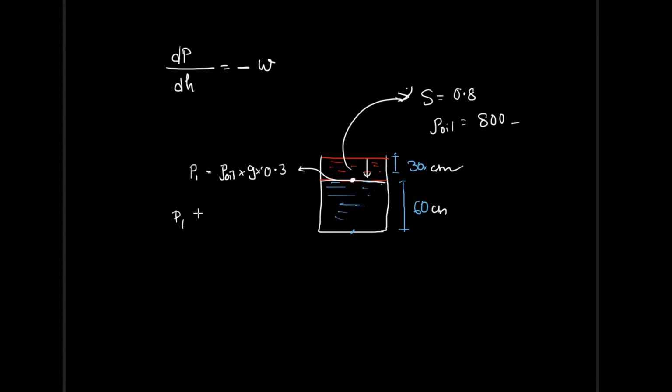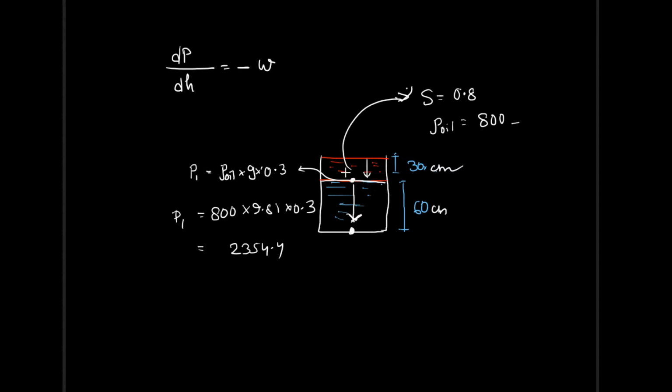This will come out as 800 into 9.81 into 0.3, and this will be 2354.4. At that point, the oil will exert this pressure, right?